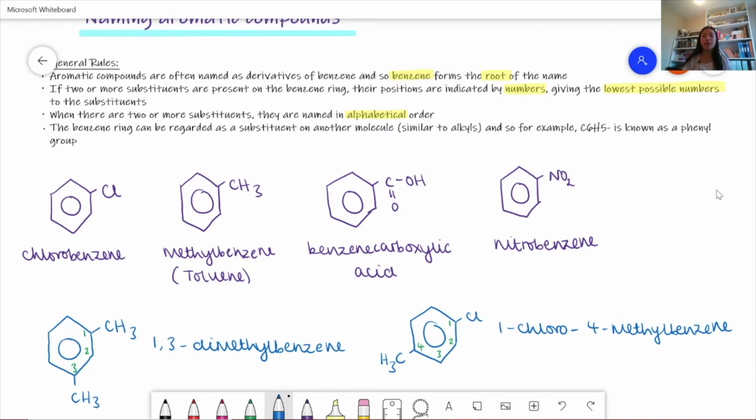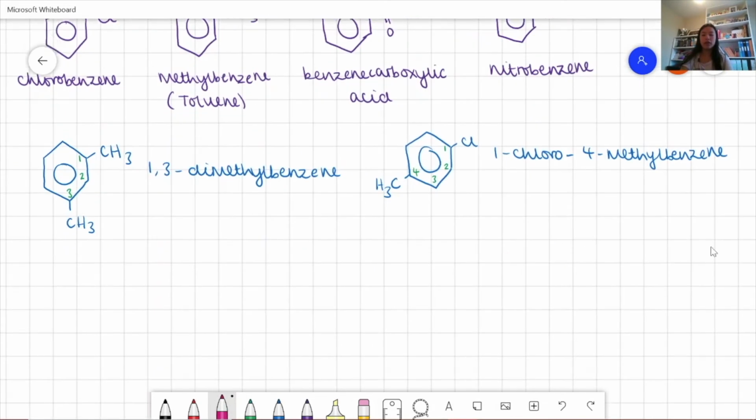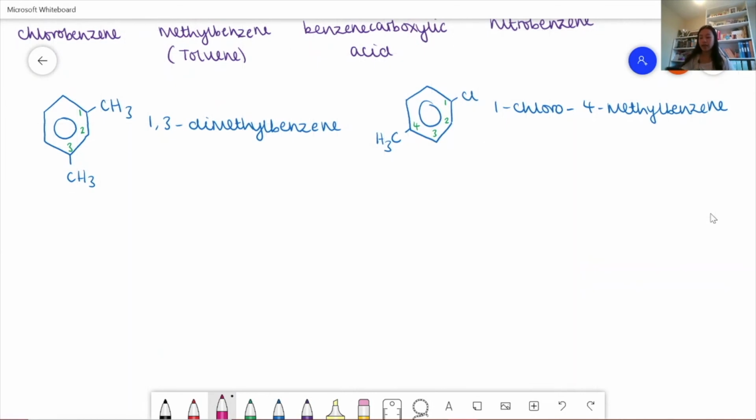So the next rule is that the benzene ring can be regarded as a substituent on another molecule. So it's a very similar idea to when we have alkyls. And so, for example, C6H5 is known as a phenyl group. And so, again, looking at some examples, we could have the main chain being an amine.